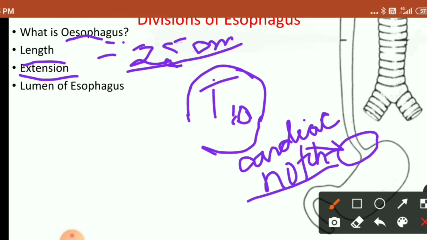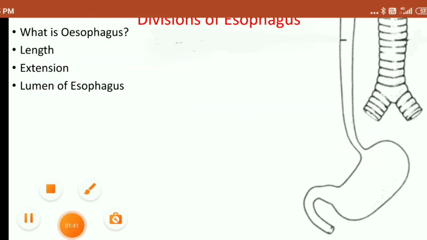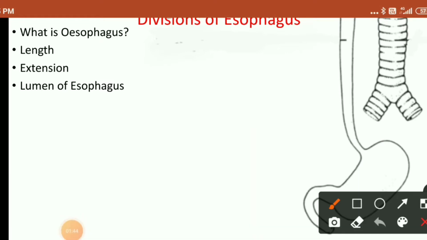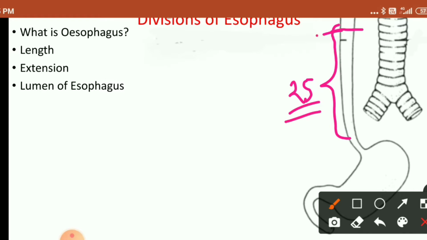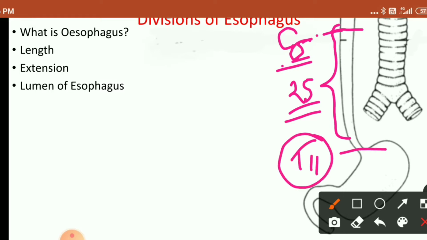So basically the esophagus, which is 25 centimeter long, extends from the cricoid cartilage, which is at the sixth cervical vertebra, to the 11th thoracic vertebra or the cardiac orifice.